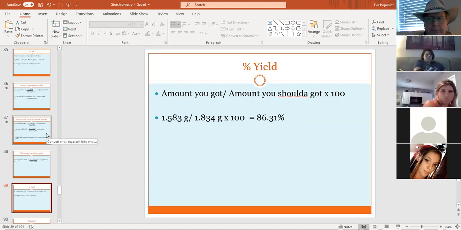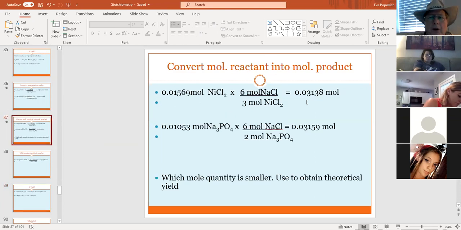Questions about that? All right. I had another question at the very end of that last problem. And that was, how much of the excess reagent is left? What did we say the limiting reagent was, guys?